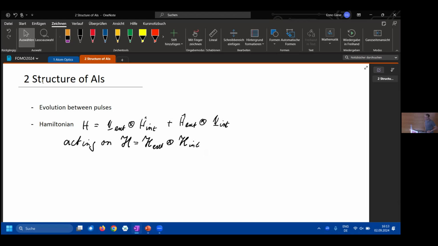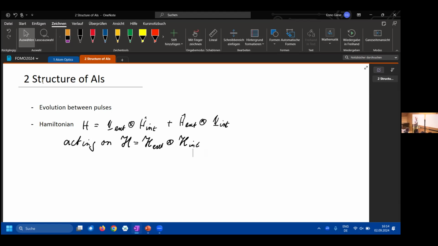The point is, you have now a system that has 2 degrees of freedom, center of mass motion and the internal motion. And you need a Hamiltonian that always acts on both degrees of freedom. So what happens if my overall energy depends on nothing happening to the external? I can also write it, I just write down the identity.